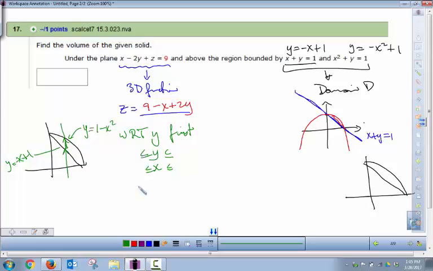That would be my top function. Let me rewrite this as 1 minus x instead of negative x plus 1, and 1 minus x squared. Our x limits are constant. They go from what to what? From 0 to, they intersect here. I'm assuming they intersect at 1.